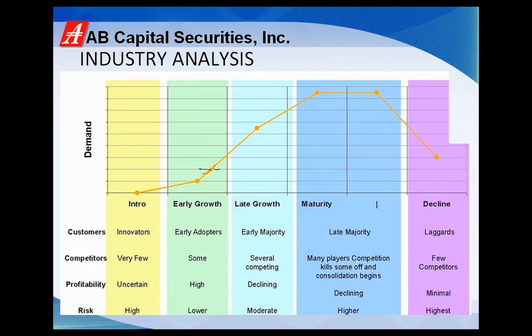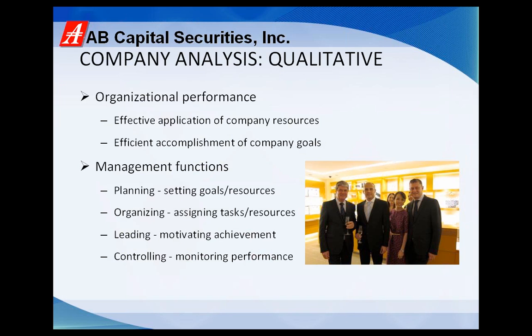Okay, now we go to the last stage of the top-down analysis, and that's the company analysis itself. Now you can divide it into the qualitative and quantitative parts of analysis. Basically, when you talk about qualitative, you want to see the quality of management, their ability to manage costs and handle, be a motivator to their people, and be able to achieve company goals that were set by the board of directors.